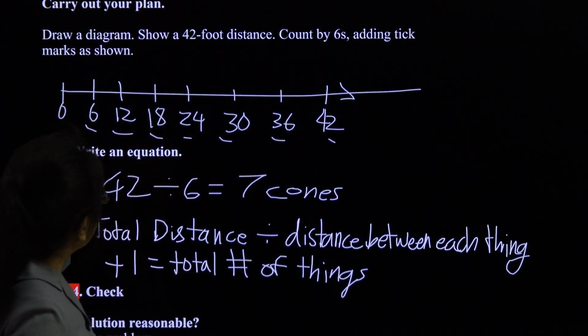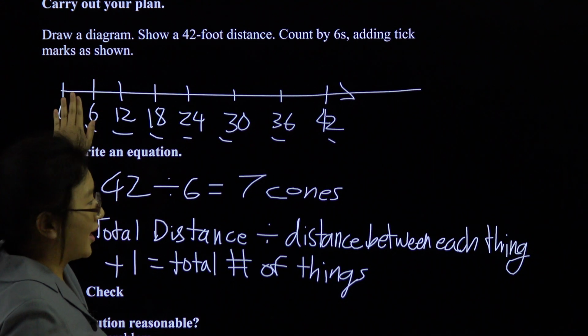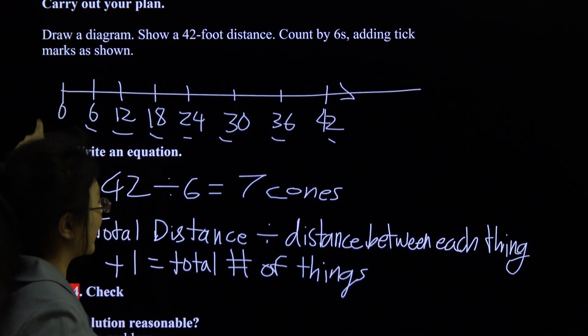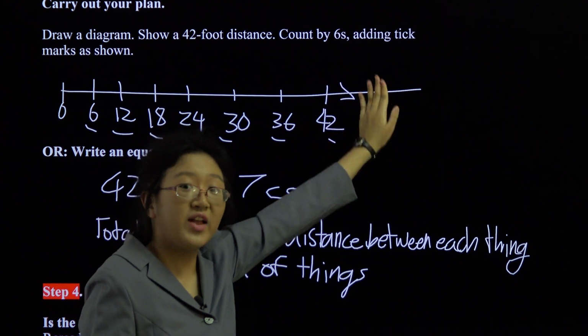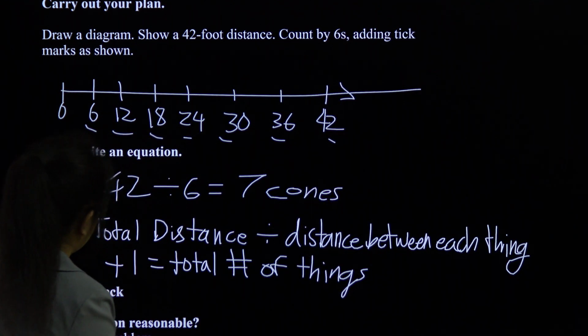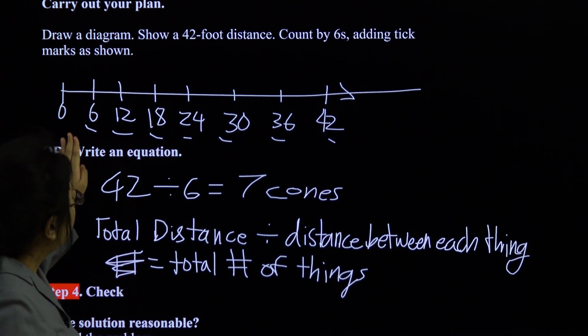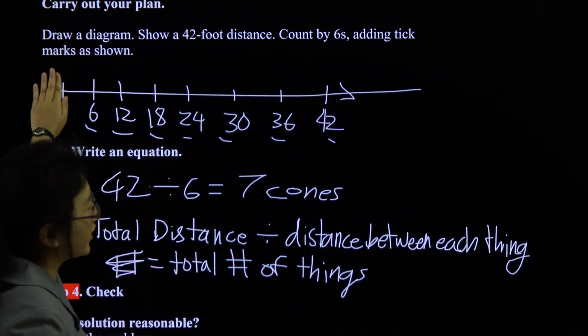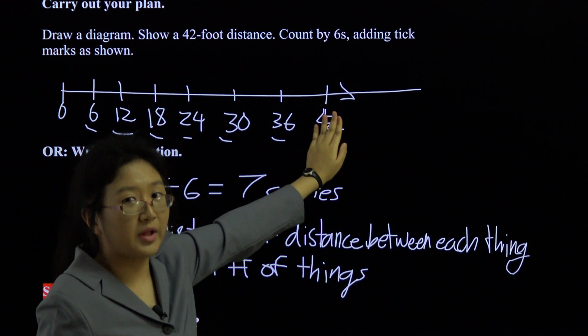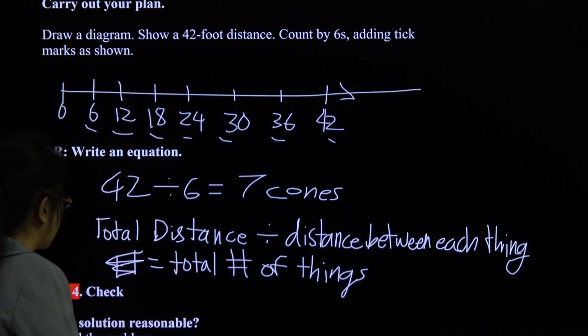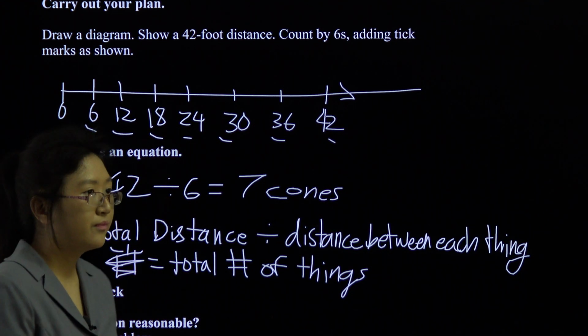However, if she doesn't place one at the starting line, or she places one at the starting line but doesn't place one at the finishing line, then you wouldn't have the plus 1. But if she doesn't place one at the starting line and she doesn't place one at the finishing line, then you would have to put minus 1.